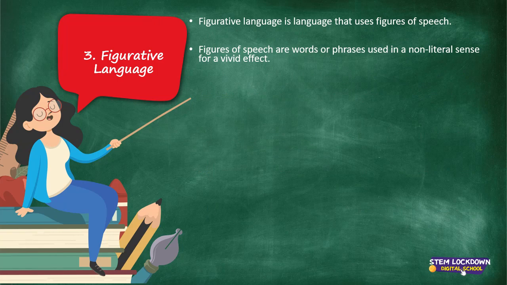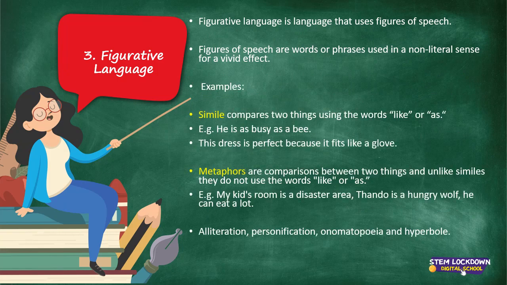So when you're using figurative language, it doesn't necessarily mean that whatever you're saying is just the way it is. We use the figurative language to exaggerate and also to give a vivid effect of whatever is being said. Okay, right? So examples of the figurative language are similes, metaphors and alliterations.